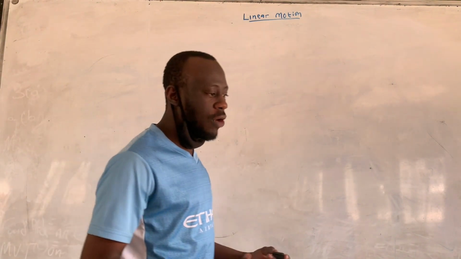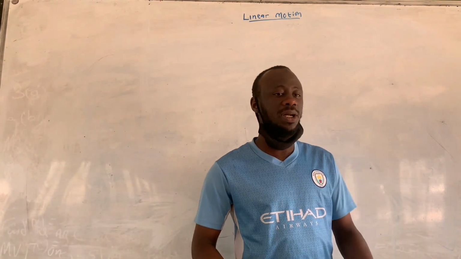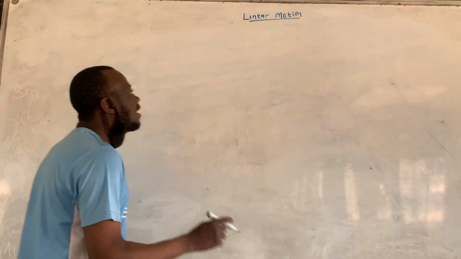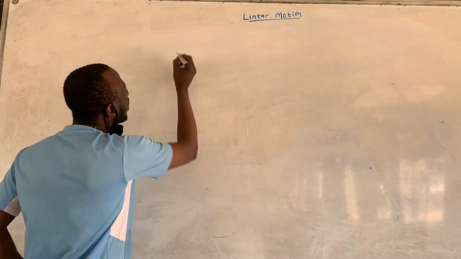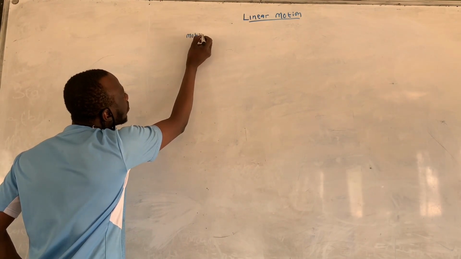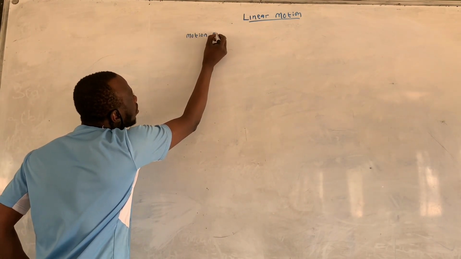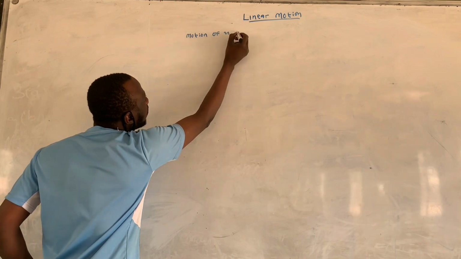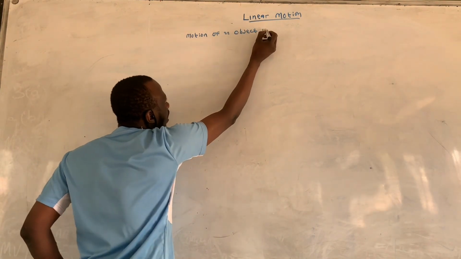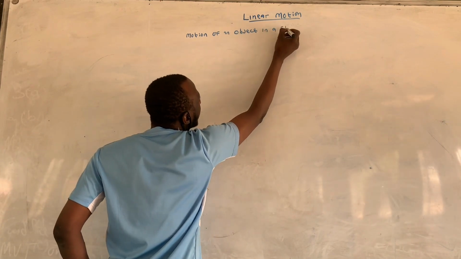That is a motion of a body or an object in a straight line. So a linear motion is defined as the motion of an object in a straight line.